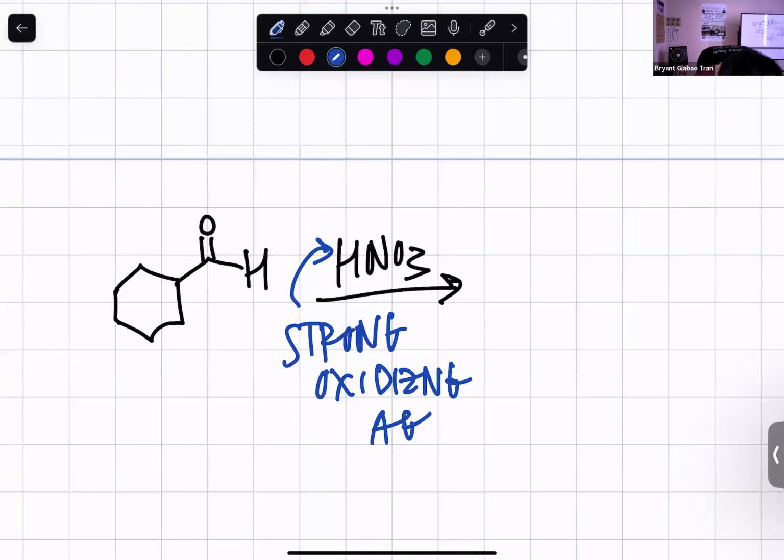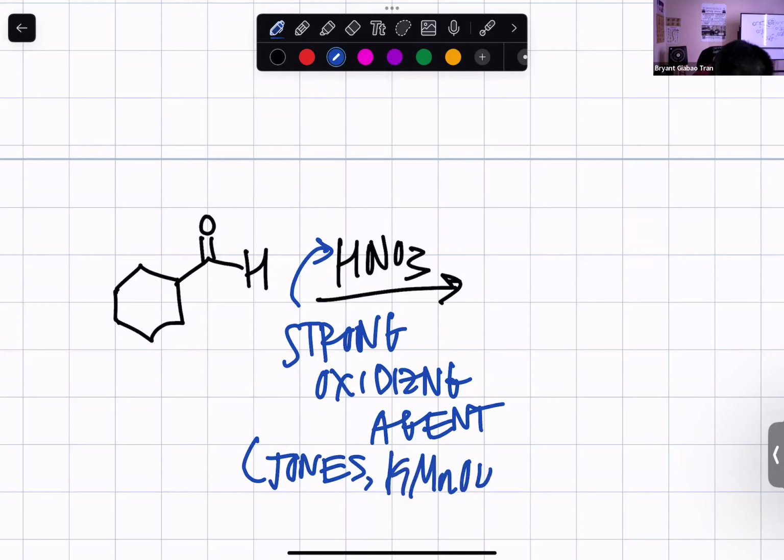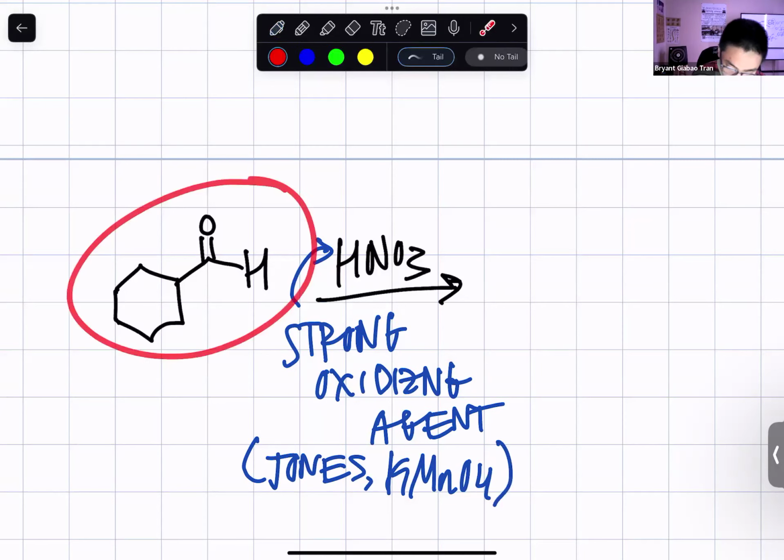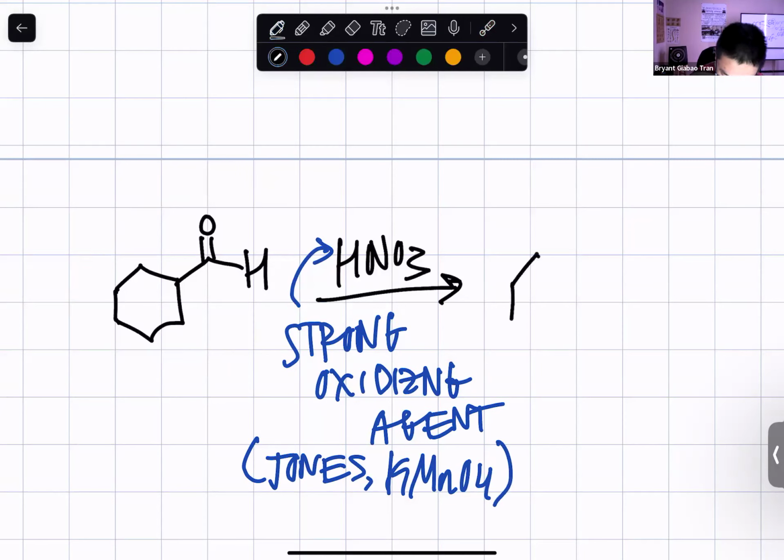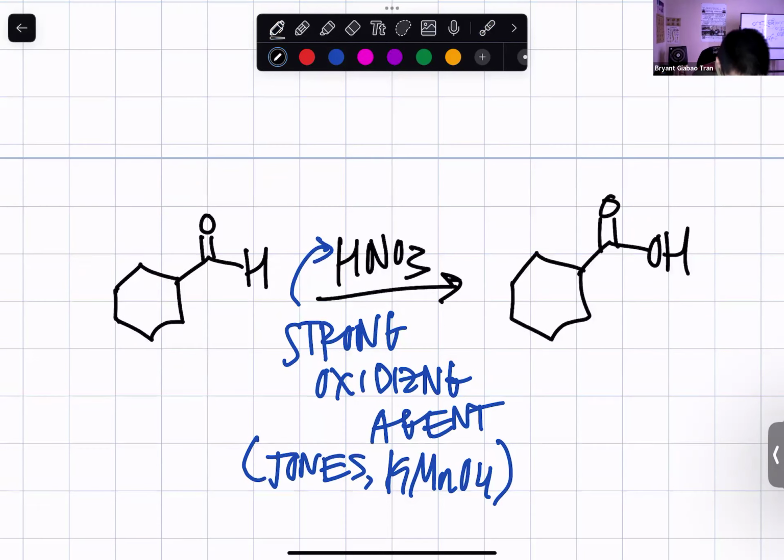So think of it like Jones, CrO3, right? Which would oxidize this aldehyde further into a carboxylic acid, like that.